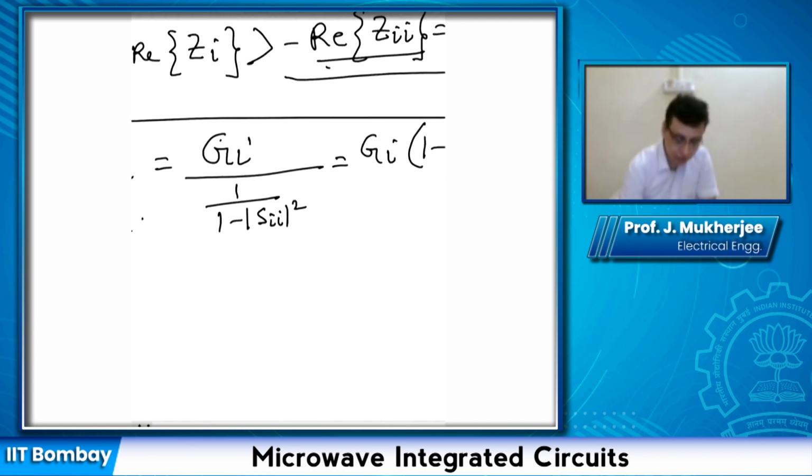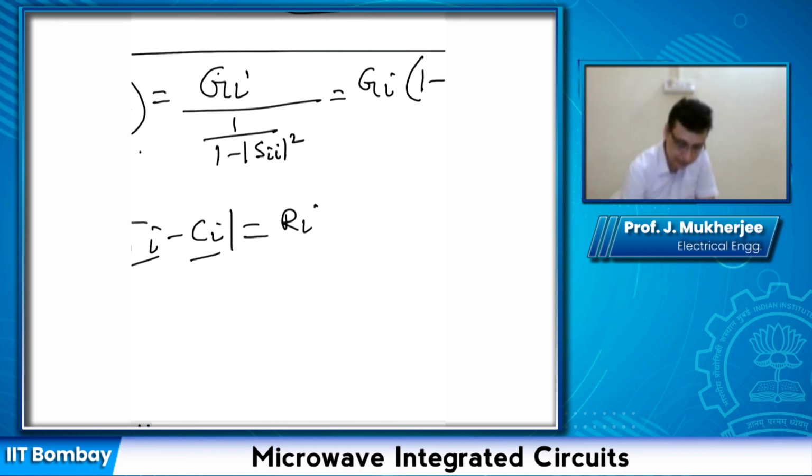Okay, the locus still remains the same. The formula for the locus of constant, that is those values of gamma I for which small gi is constant. The definition also of Ci and Ri also remains the same.